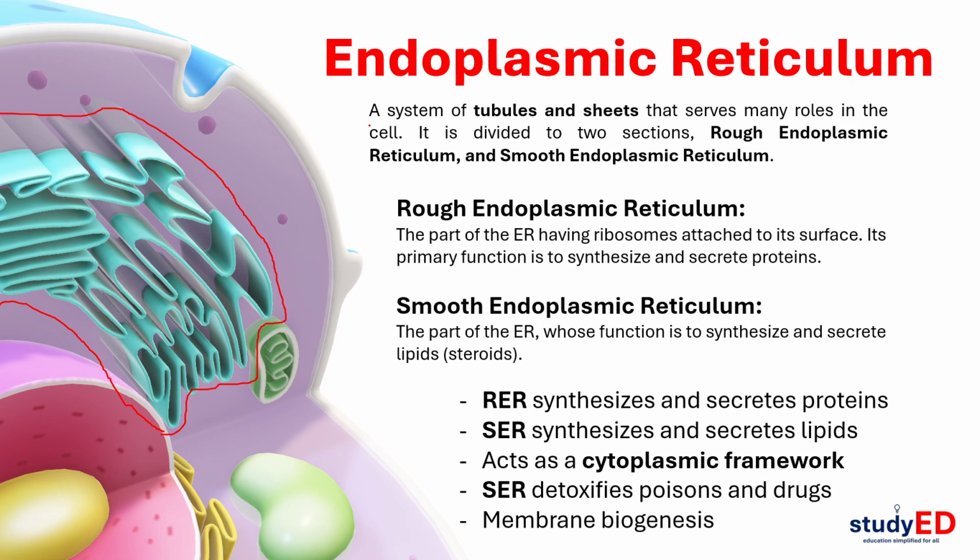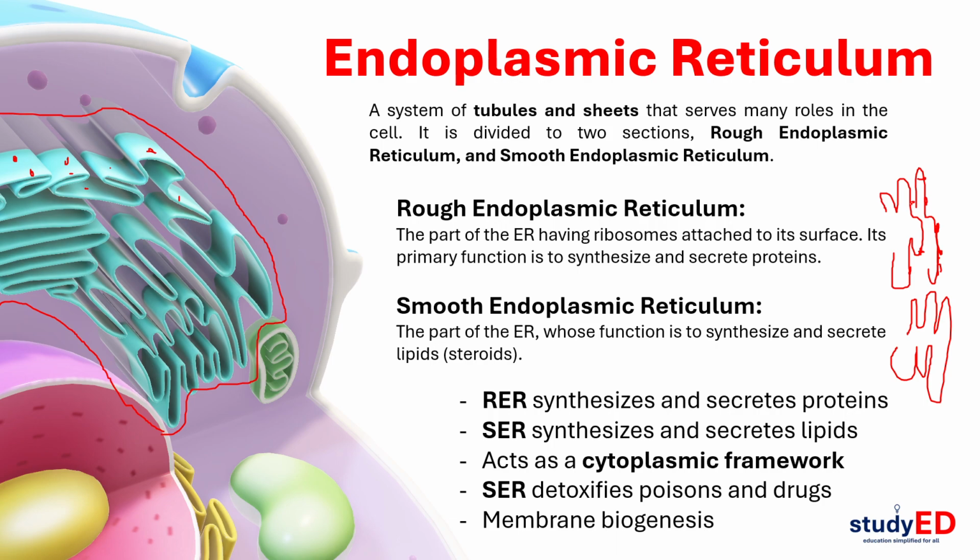Now the rough endoplasmic reticulum usually has small spherical substances on it that make it appear rough. If this is a rough ER and this is a smooth ER, in the rough ER there are certain substances attached to its surface which make it appear very rough, hence the name, or granular.